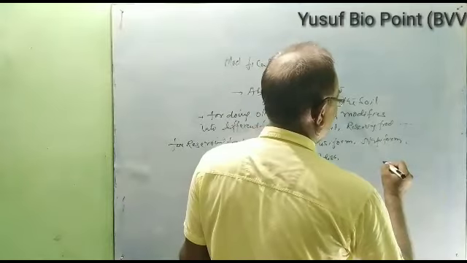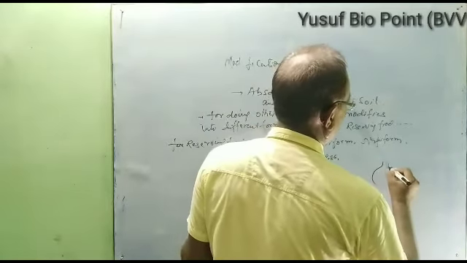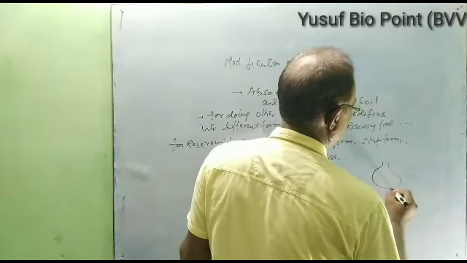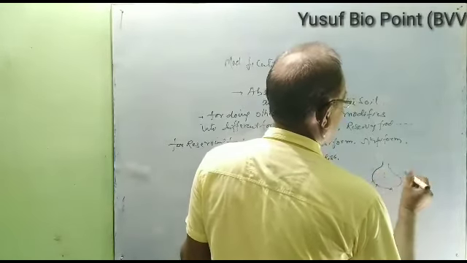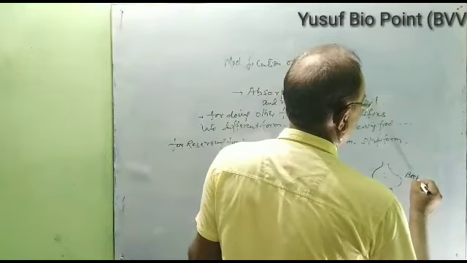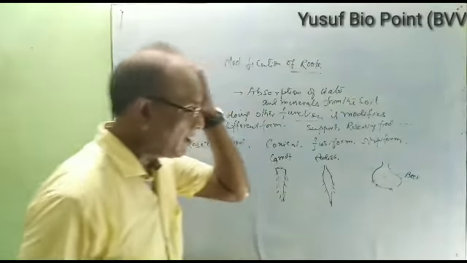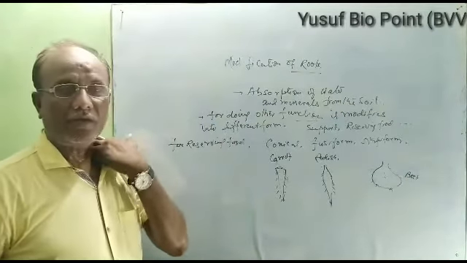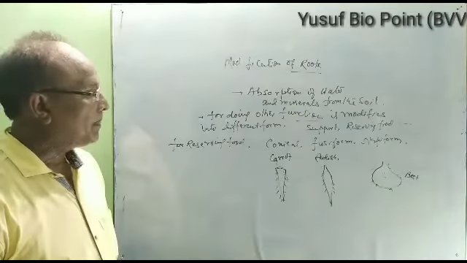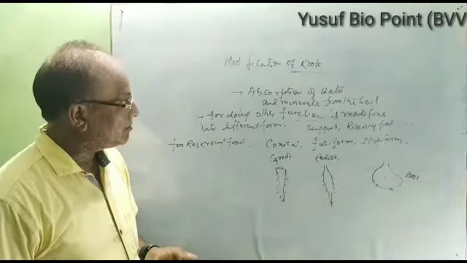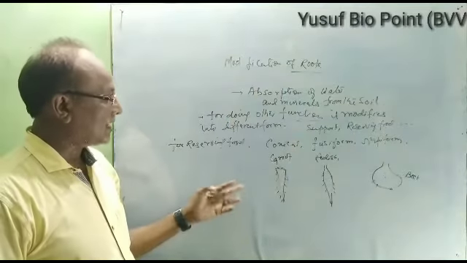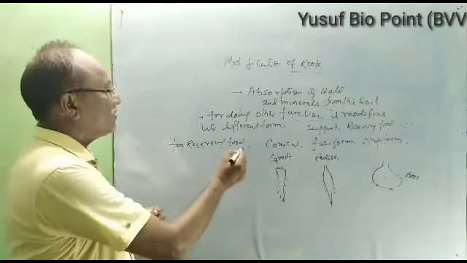Napiform, that is beet or sorghum, like that. So these are the different forms of the modification of roots, and their main function is for reserving food.